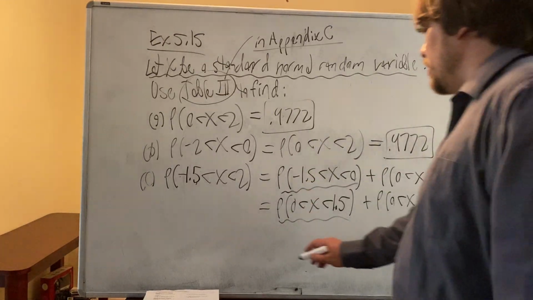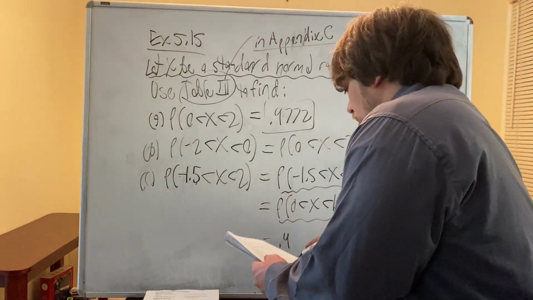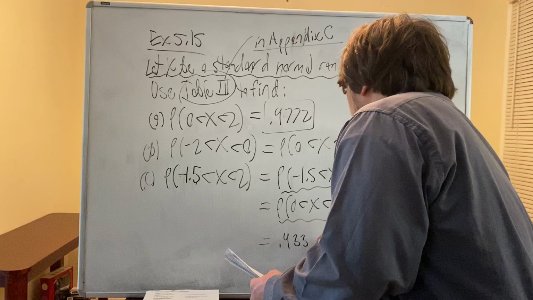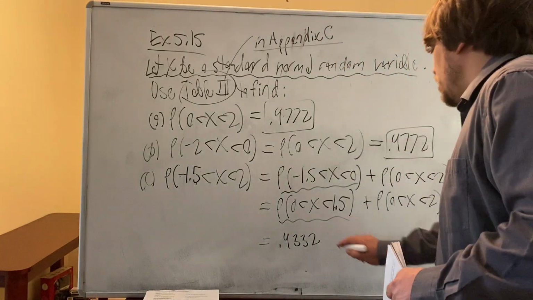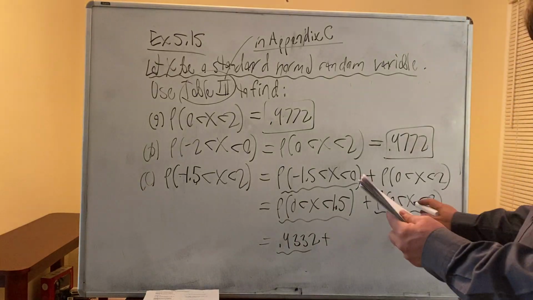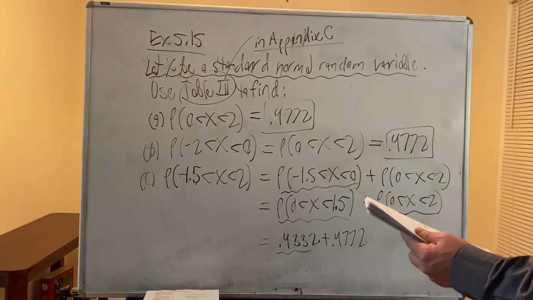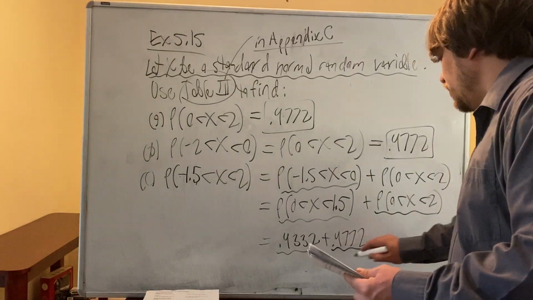And so now you just use the table to find those two probabilities. The table says this probability is 0.4332 plus this probability, which is 0.4772. That's the other probability.